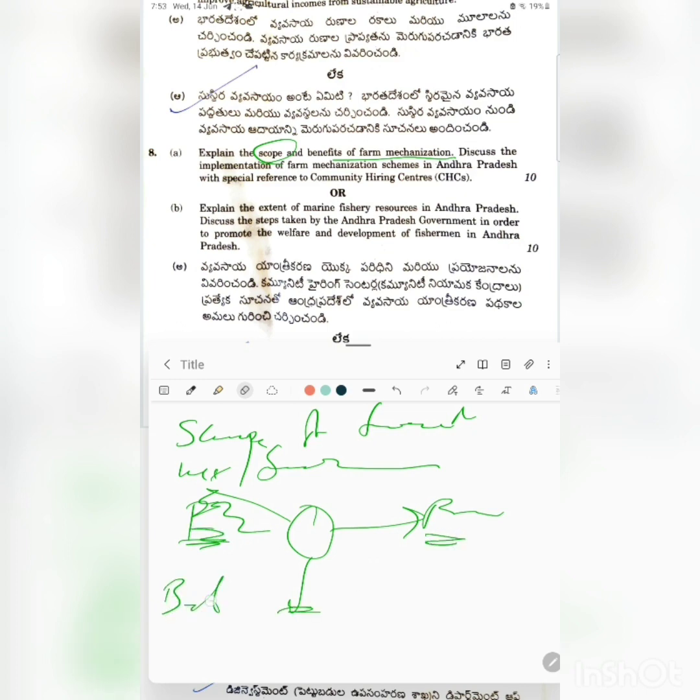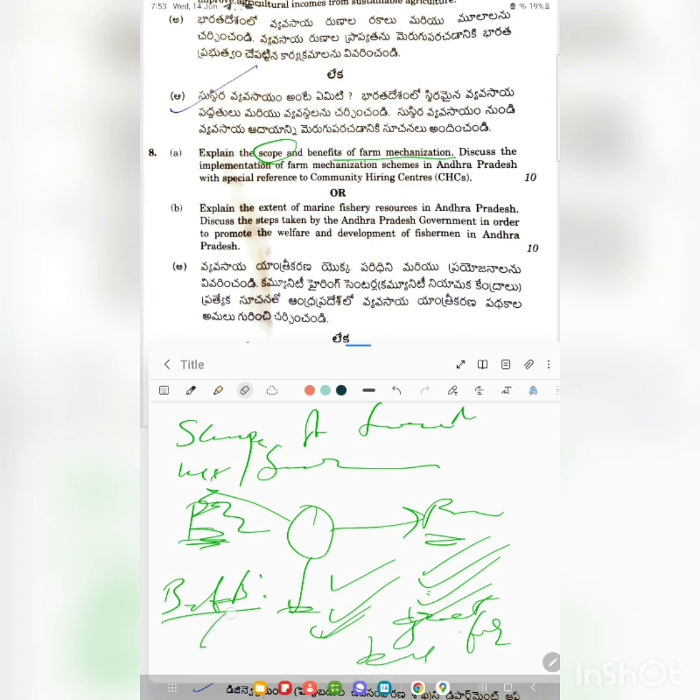As far as benefits are concerned, I wrote productivity, soil fertility, precision agriculture. You can talk about water conservation, reducing crop losses, and a great base for agro-based industries.